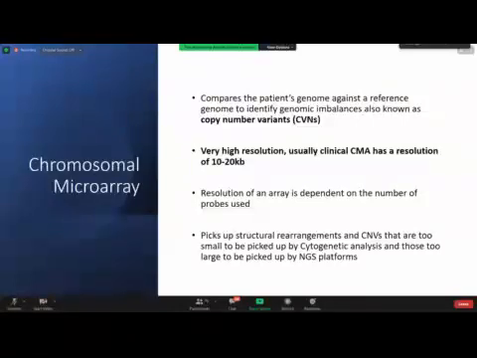But again, if it's a small structural variation, then perhaps it cannot pick it up that way. So for that we use next generation sequencing, sequencing based techniques.